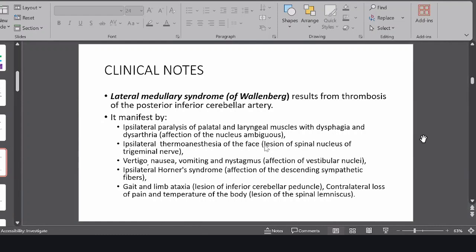So if there's a tumor, how can you diagnose it? You just take what you call a CT scan or MRI. These are just some scans, more advanced than the X-ray. So you'll request a CT scan or MRI. These are just pictures that will show how the brain is, if there's a tumor or anything else.